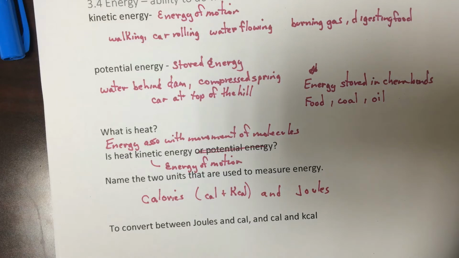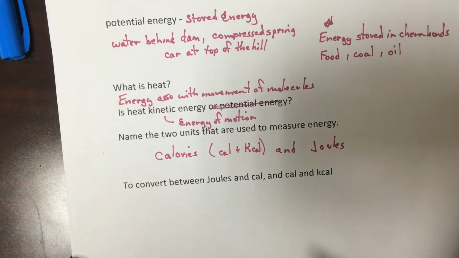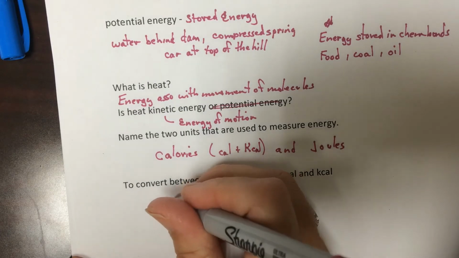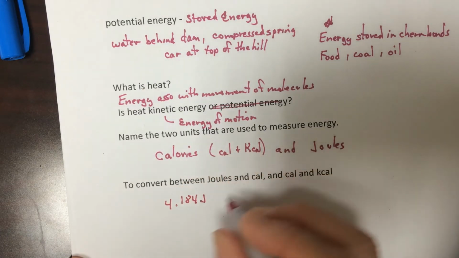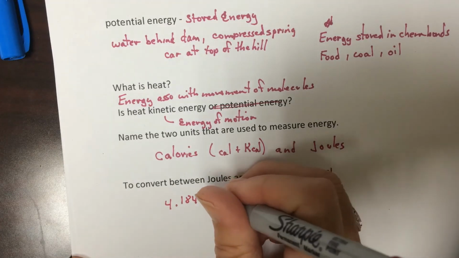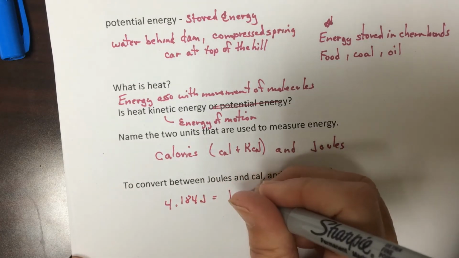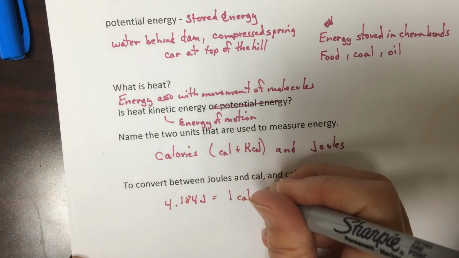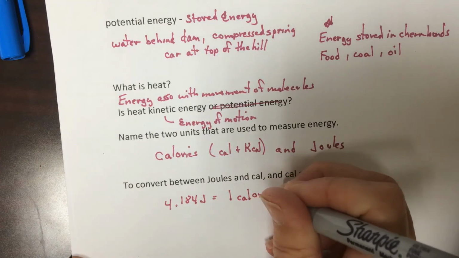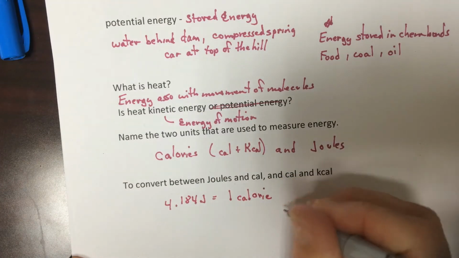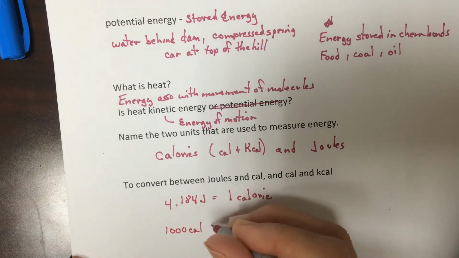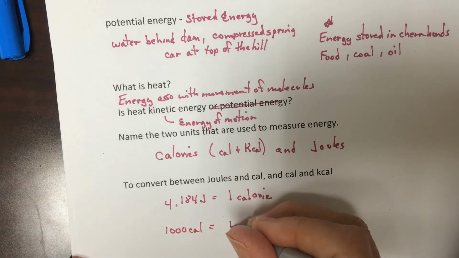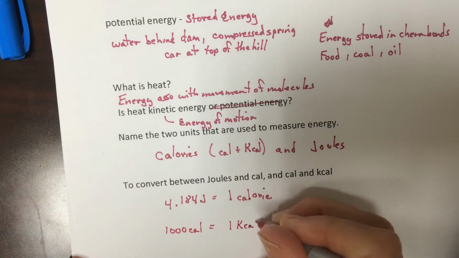To convert between joules and calories, 4.184 joules, capital J, is equal to 1 calorie. And 1,000 calories will make up 1 kilocalorie.